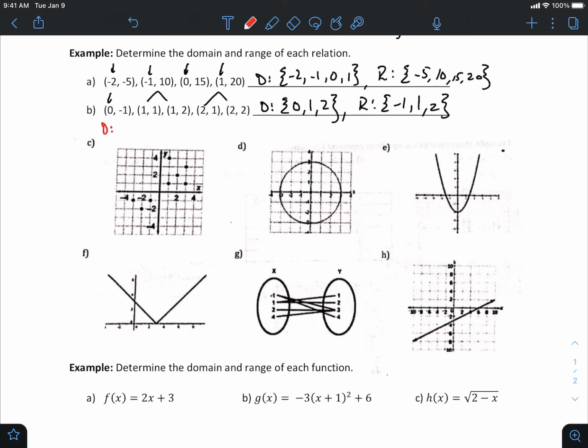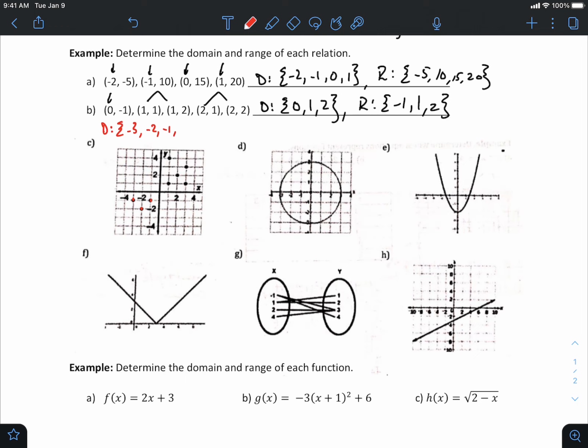So for the domain here, what's the x? I just like starting at the lower side and then working right. The x value of that point is -3. The x value of that is -2, then -1. I don't see any points at 0, so I don't write 0. Skip over it.